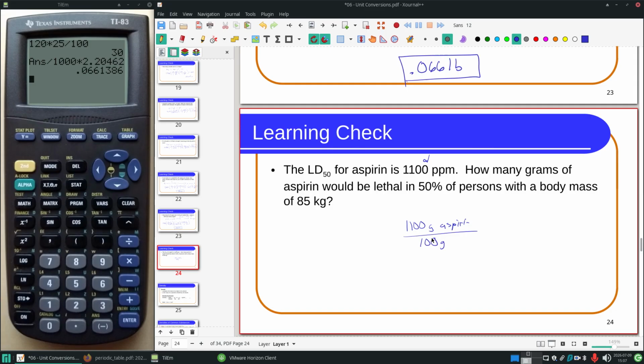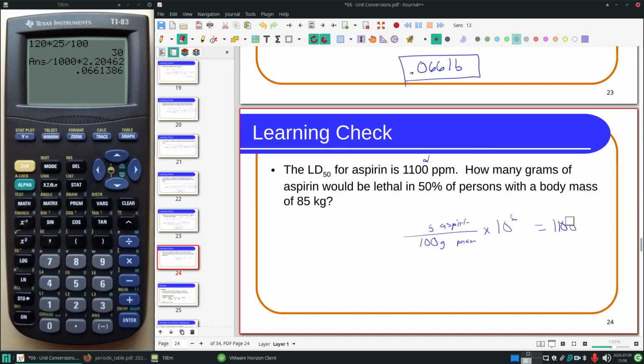Oh, no, I'm fine. 100 grams of a person, and then we're multiplying this by, since this is a million, 10 to the sixth. And I'm just going to do person. So this is going to be my conversion factor, right? No, I got this wrong. This is equal to the 110. Yes, I don't know this.